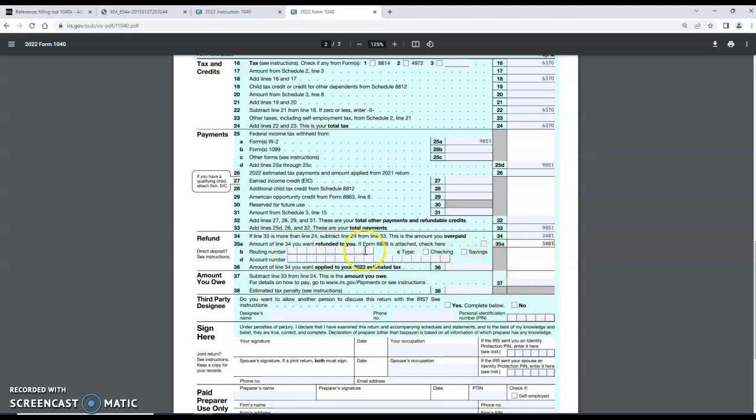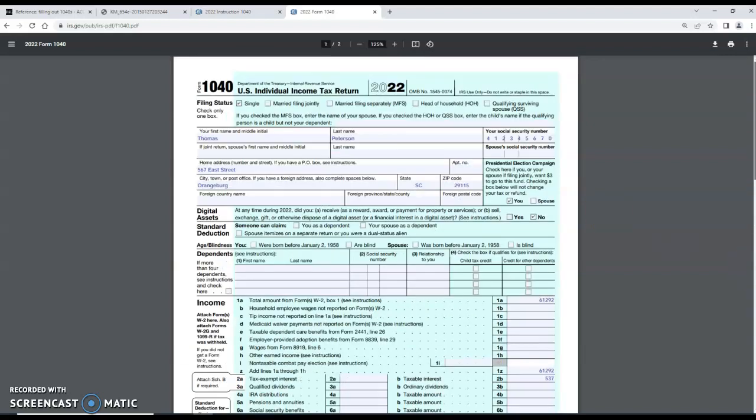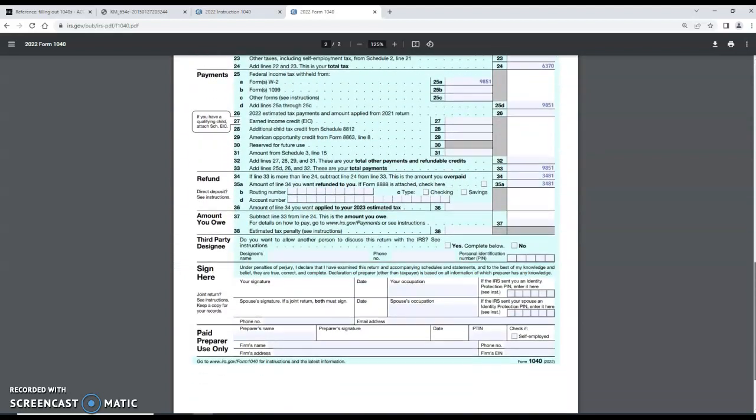Otherwise, if that information is not here, the IRS automatically assumes that he wants a paper check mailed to him, and it will be mailed up here to his address.